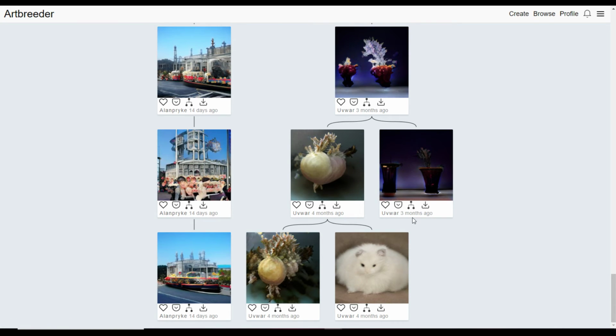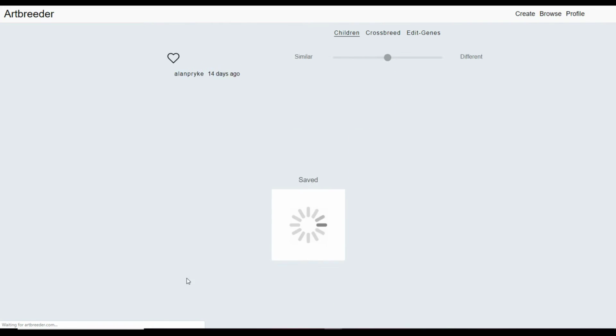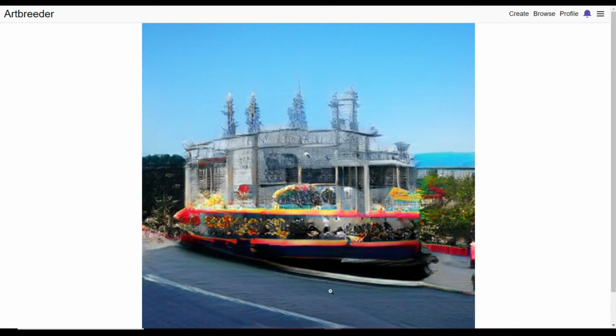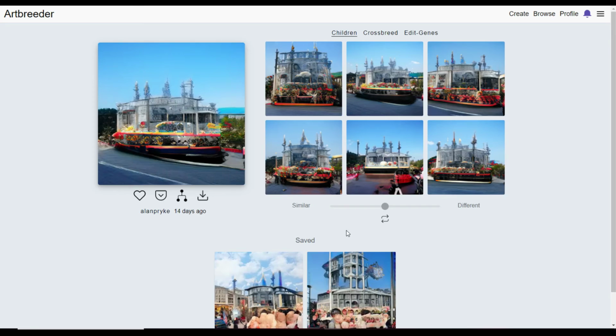Something that I also find a bit puzzling is that the original images here are not themselves training images of any kind. They're not photographs. They don't make any sense. They're still generated by the network.